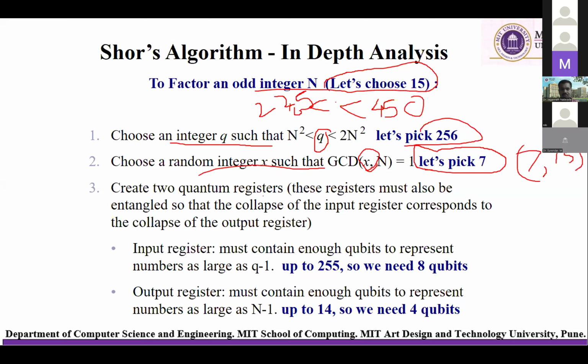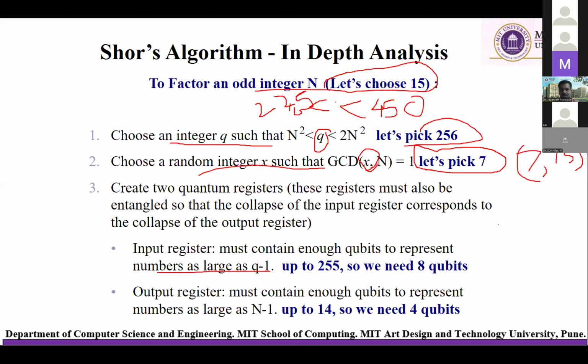Create the two quantum registers. These registers must also be entangled so that the collapse of the input register corresponds to the collapse of the output register. The input register must contain enough qubits to represent numbers as large as q minus 1.